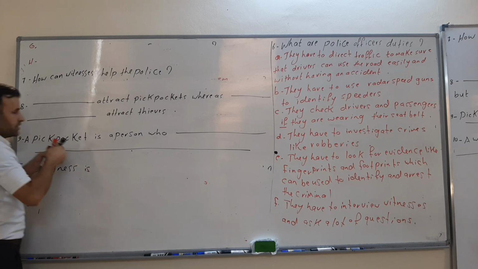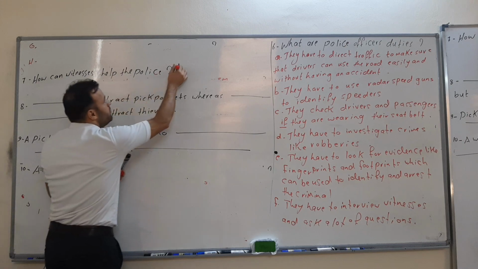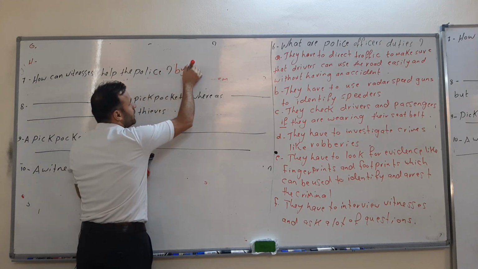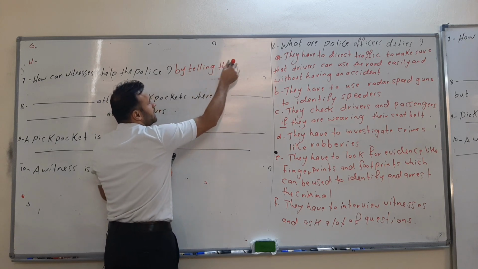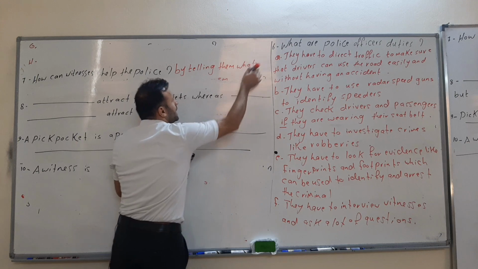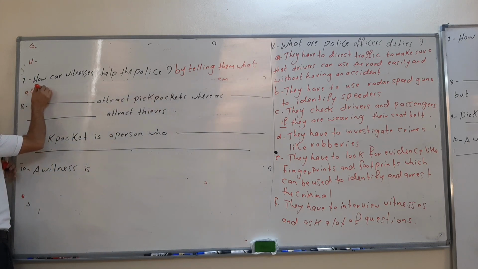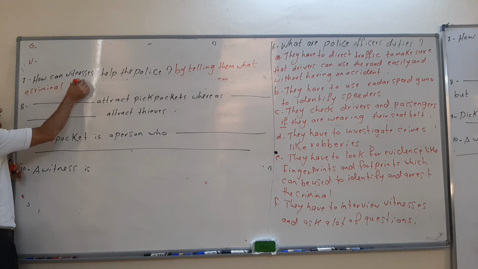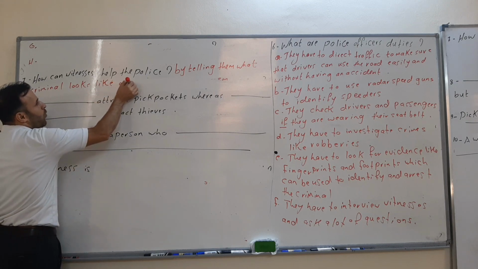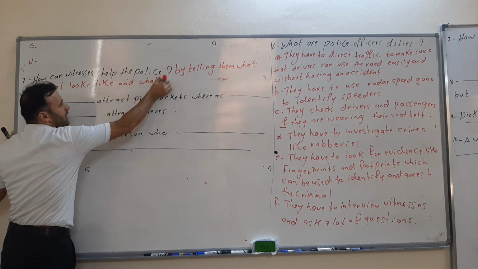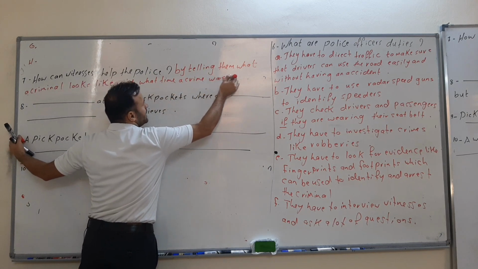So, in the answer, I'm going to say witnesses can help the police by telling them what a criminal looks like. I mean the appearance. And another thing, what time a crime was committed.